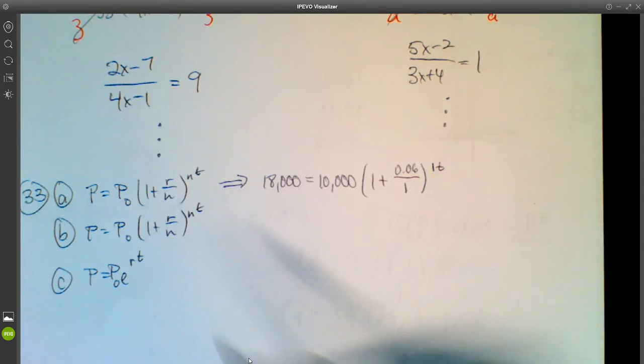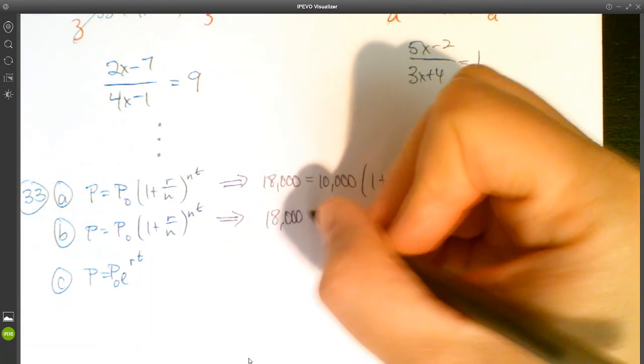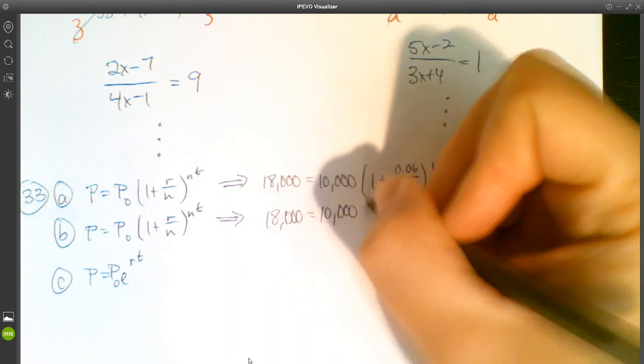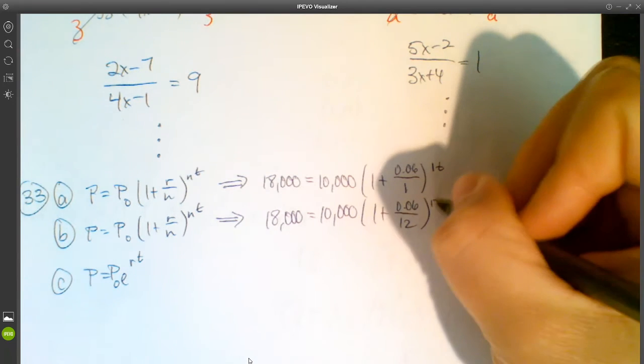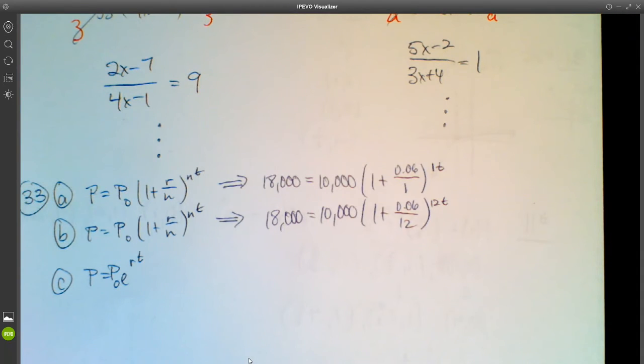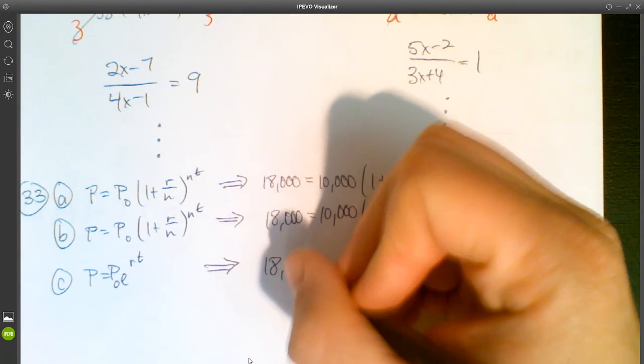In part B, you're compounding monthly, so you would say exactly the same thing, except n is 12. And then you want to solve that for t. And in part C, you'd say sort of the same thing.